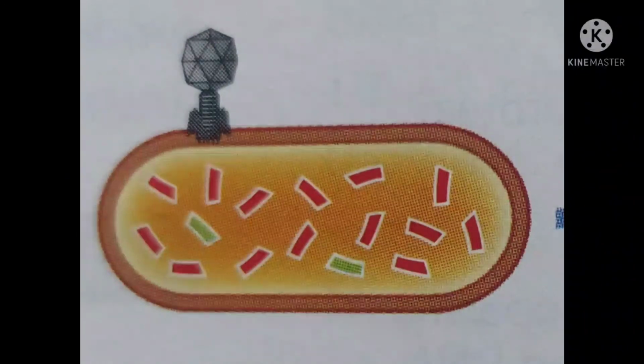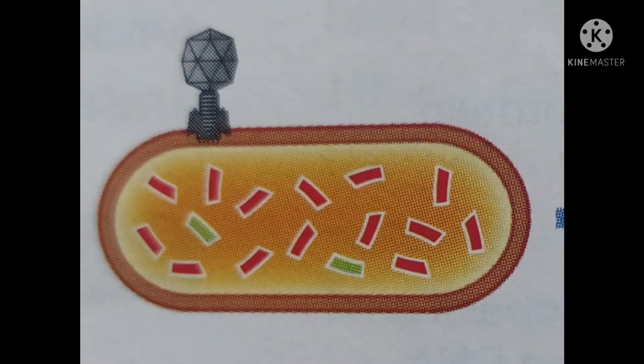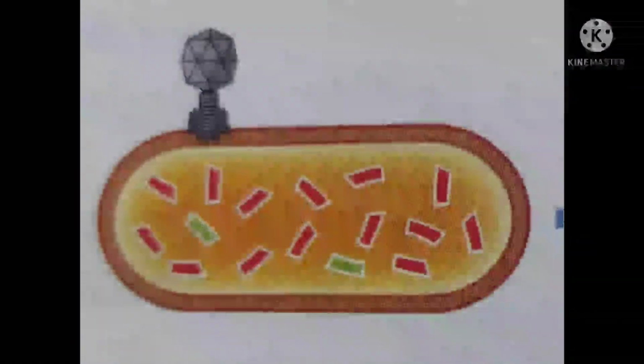Whenever the phage genome is completely released into the host cell, it replicates and produces more copies of its genome. You can see here more copies of the red colored phage genome. At the same time, the phage genome also induces the fragmentation of host cell DNA.